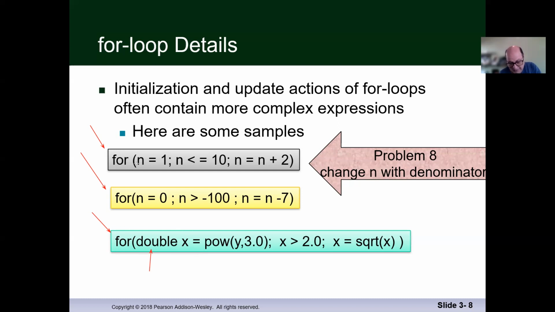This n is available after the for loop, but there is a possibility that it's overriding something else, somewhere else. So for portability, convention is to use your data type and declare it inside here.